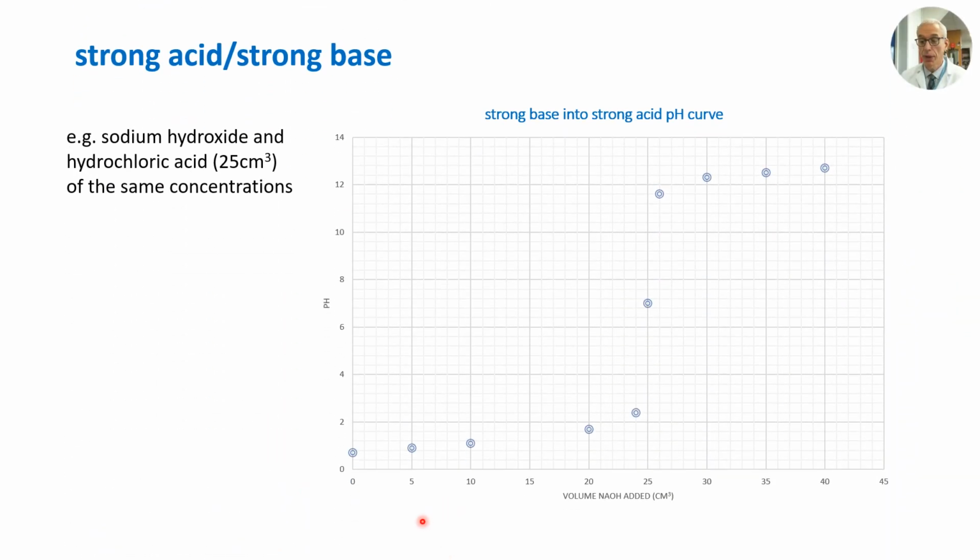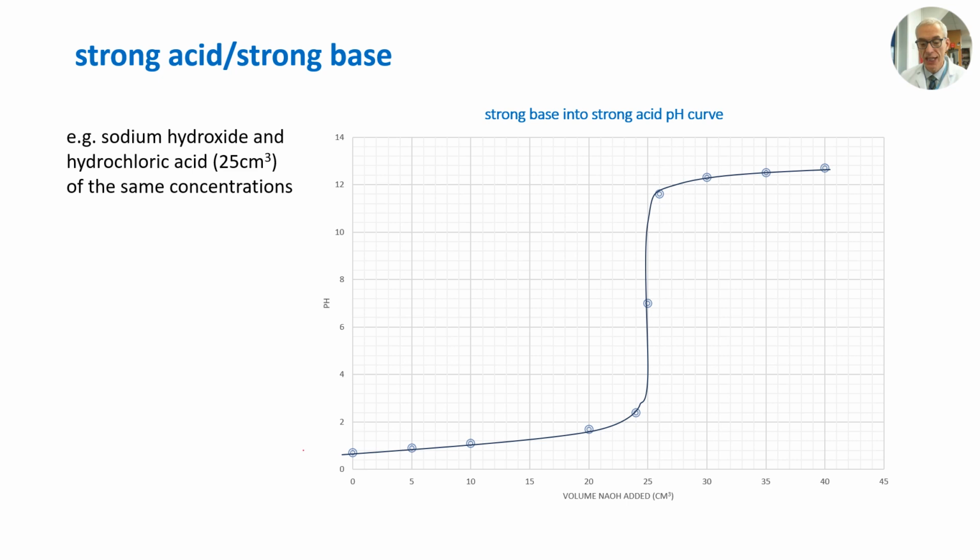So if we plot the points that we calculated on the previous slide and apply a best fit line, we see the typical curve for a strong acid, strong base titration. So here we're adding a strong base into a strong acid. Now, how would we recognize this?